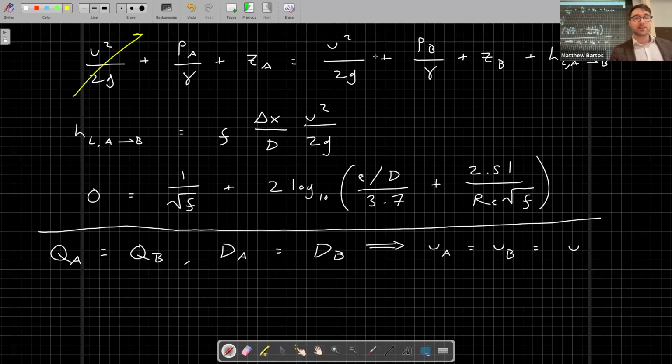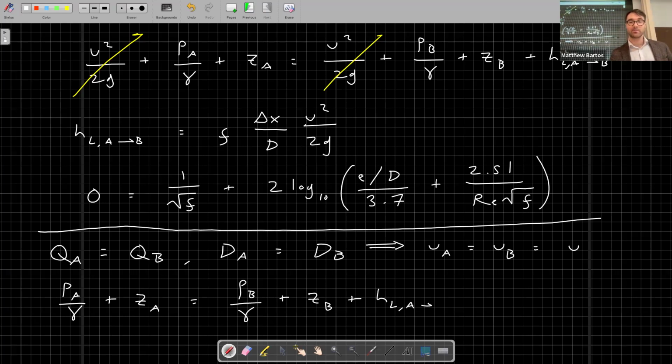So this goes away, this goes away. And so our energy equation is given by PA over gamma plus ZA is equal to PB over gamma plus ZB plus our head loss from A to B.